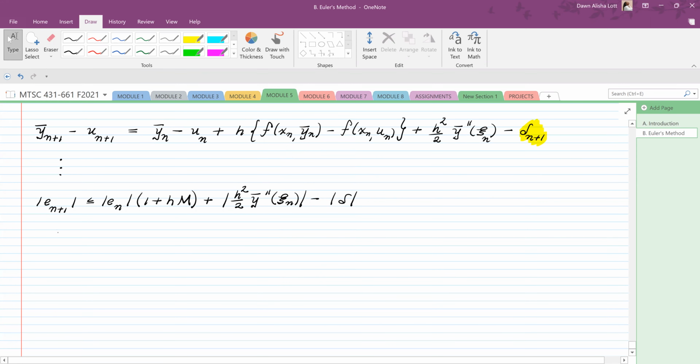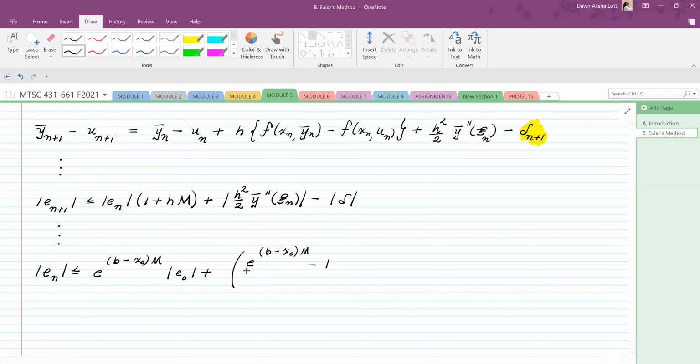And we can keep going and do the same thing as the previous proof. So what's different? The absolute value of E n is going to be less than or equal to e to the b minus x naught times M, absolute value of E naught, plus e to the b minus x naught times M, minus 1, just like before, over M times h.